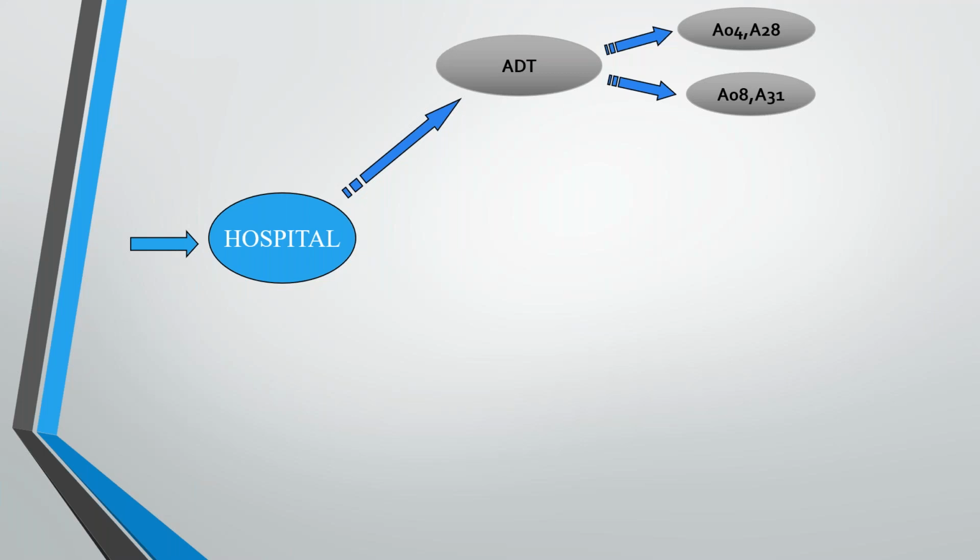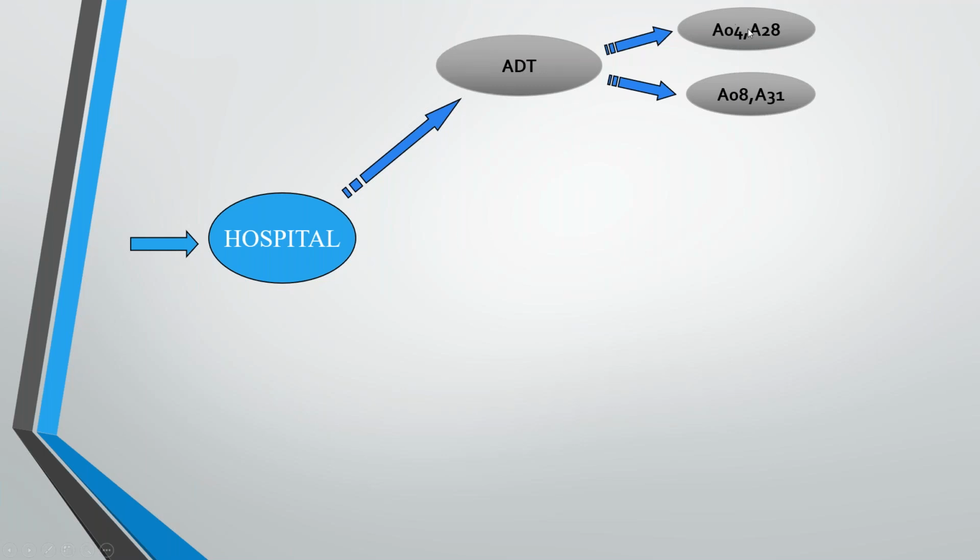Now, how do you use it, or where do you use it, and how do you call it? At any given point of time, if you want to represent that this HL7 message is for a new patient registration, then it will have a message type in the HL7 message, ADT plus A04 or ADT plus A28.